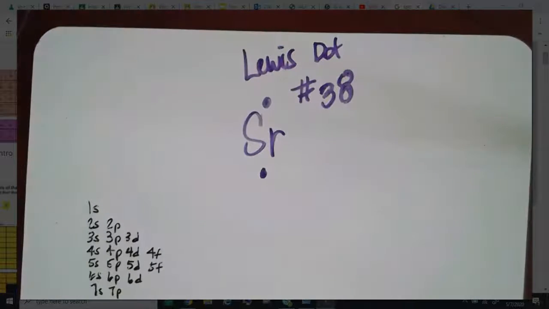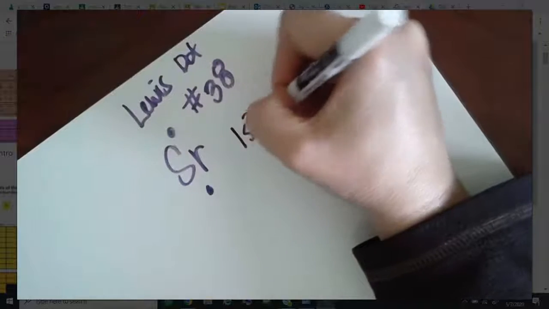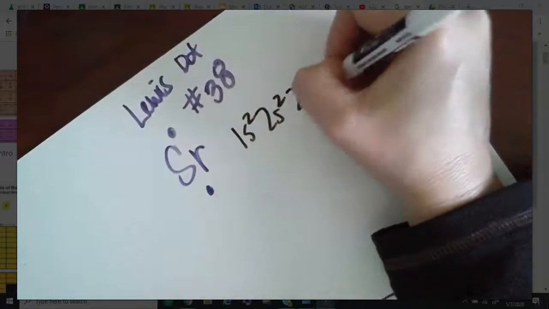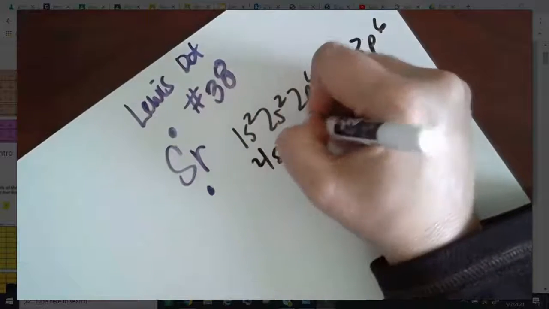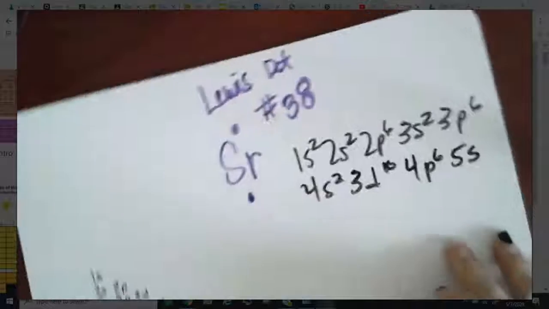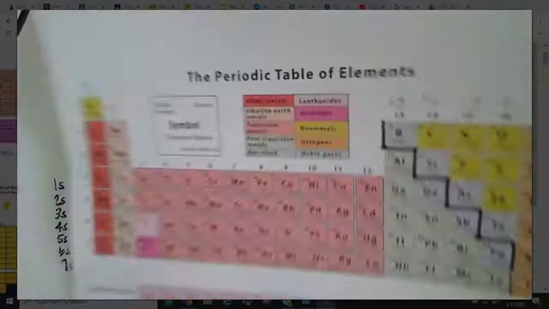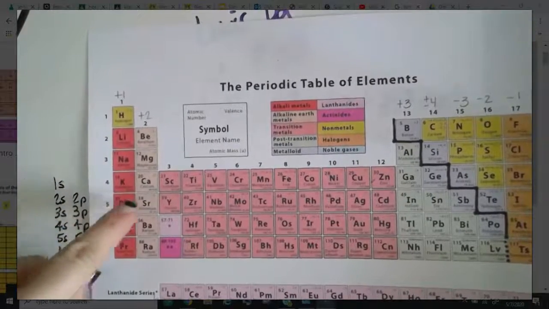So if I do my electron configuration for this, bear with me, I'm just going to go really fast. I write this: 1s2, 2s2, 2p6, 3s2, 3p6, 4s2, 3d10, 4p6, 5s. Notice strontium, 5th period, 1, 2.